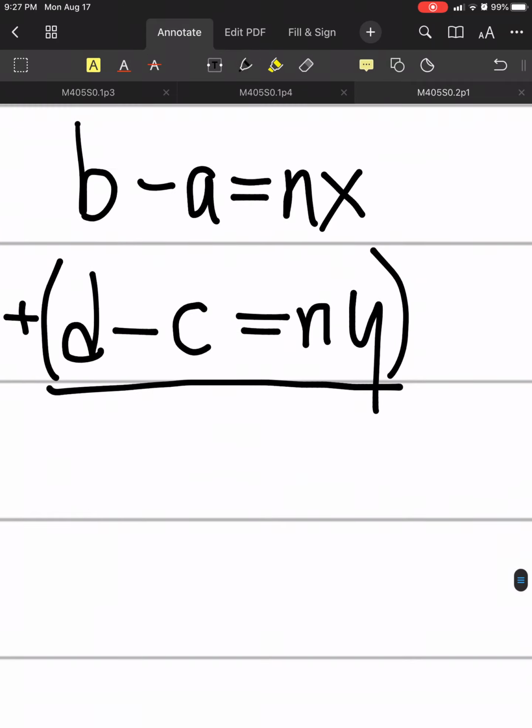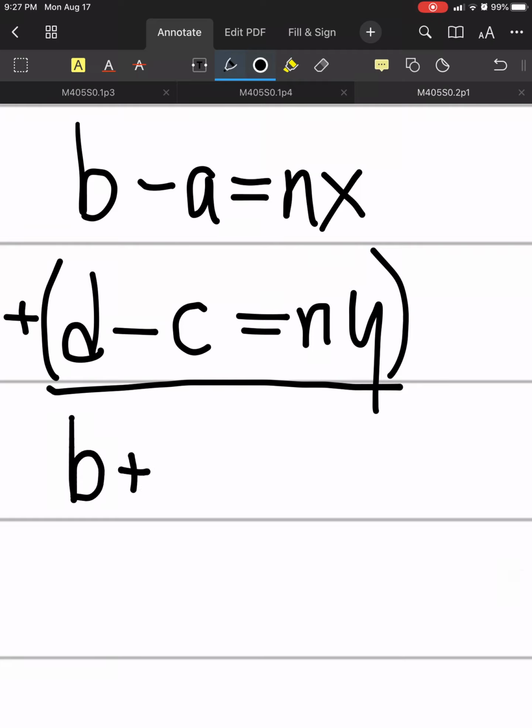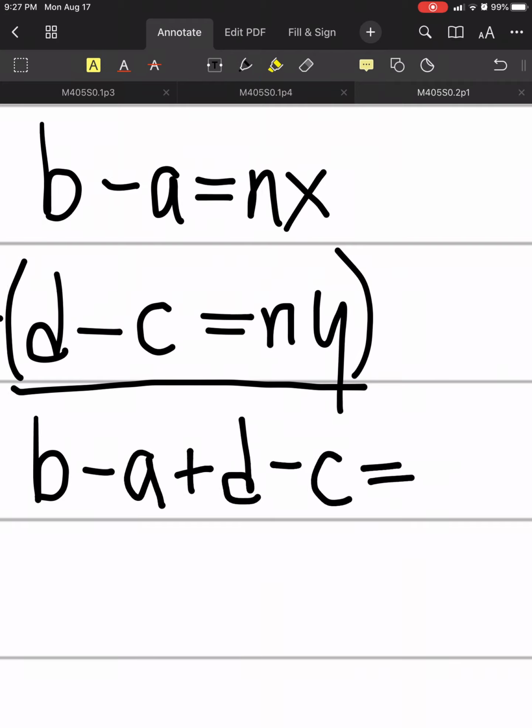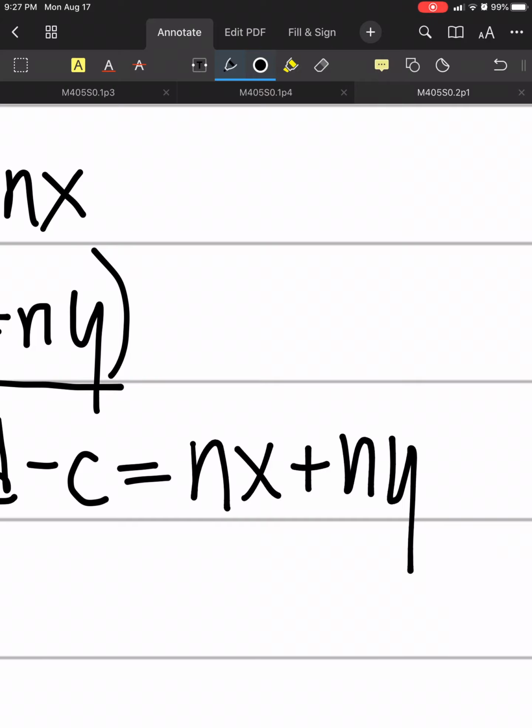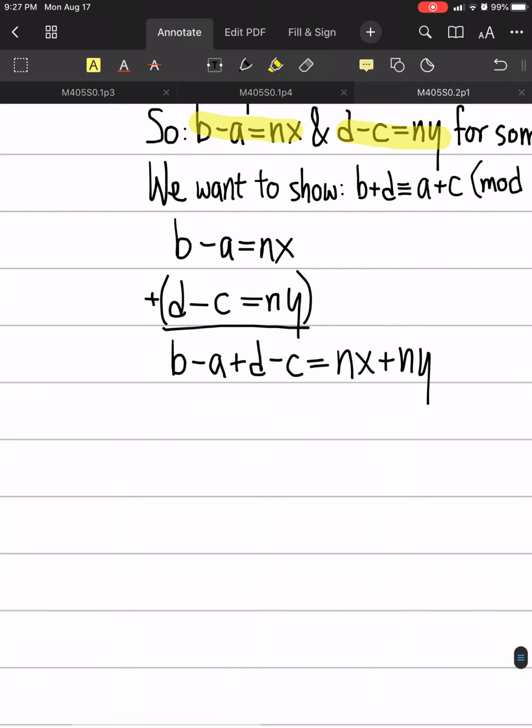I'm adding them vertically because that's what I do. So B minus A plus D minus C equals NX plus NY. Alright, there we go. Zoom back out.